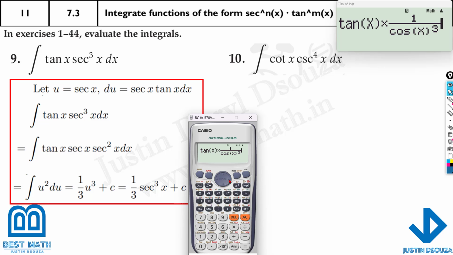And now calculate this at 2. I'm getting the answer, so I'm just going to write it out. It's 30.319. Next, let's press shift and d by dx and then solve this up. It's 1/3. Secant is given by, again, open the bracket, 1 by cosine x, close the bracket, close over here as well.